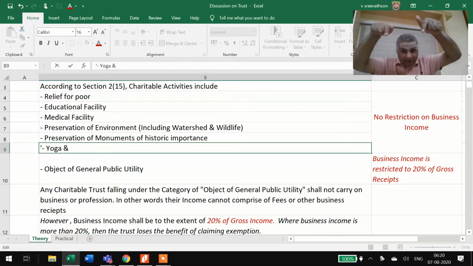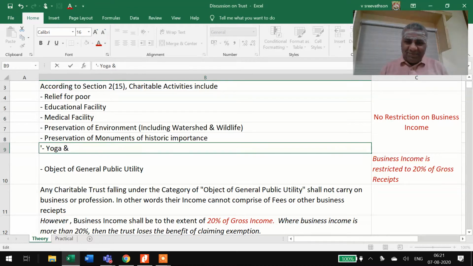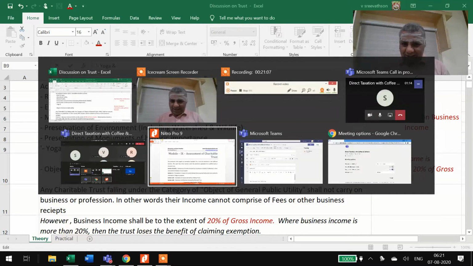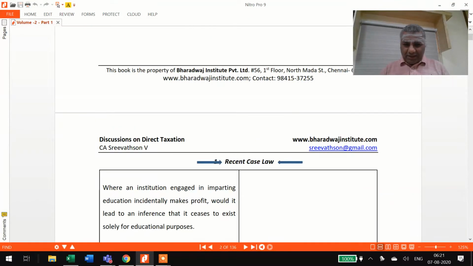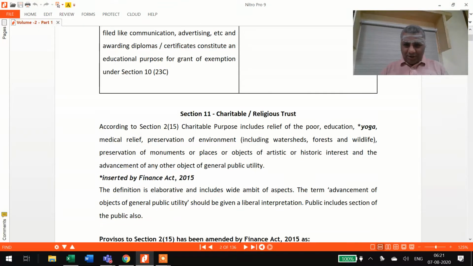However, if you are falling under object of general public utility, your restriction is 20%. So yoga is taken out of the definition and put separately.